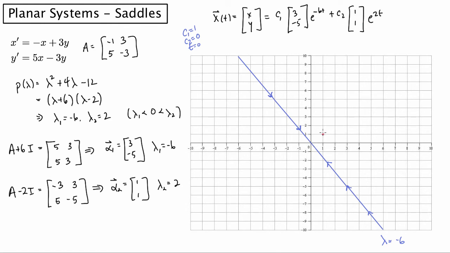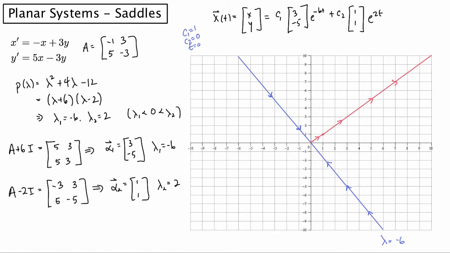Okay, similarly, if I look at the other eigenvector, it's 1, 1. So I'm here, and what's happening here is a little bit different. Over time, I'm getting further away from the origin. So this thing would look like this. And if I go backwards in time, then I'm getting closer to the origin. So I'm basically emanating from the origin.